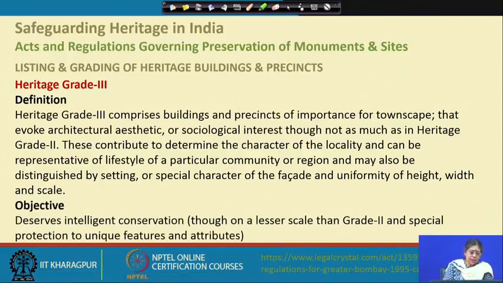The objective also is that it deserves intelligent conservation, though on a lesser scale than grade 2, and special protection to unique features and attributes. This has to be noted.